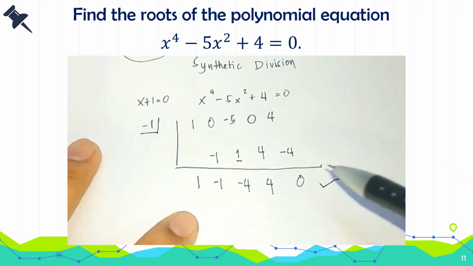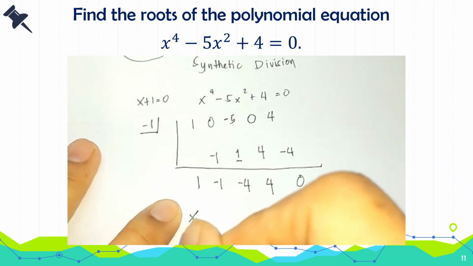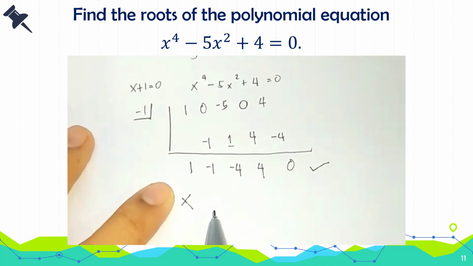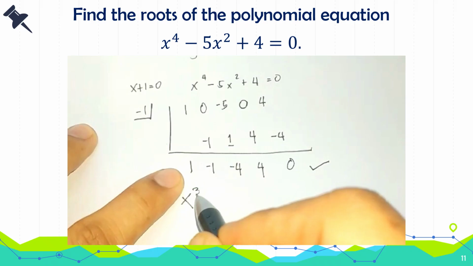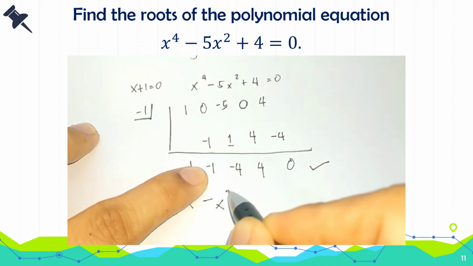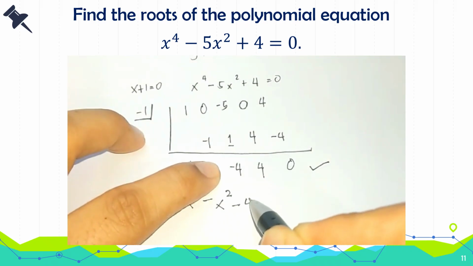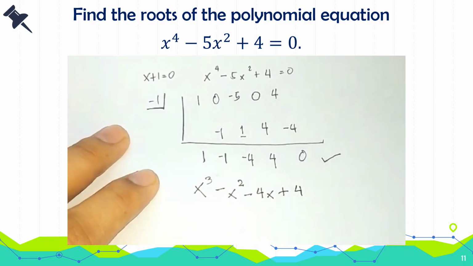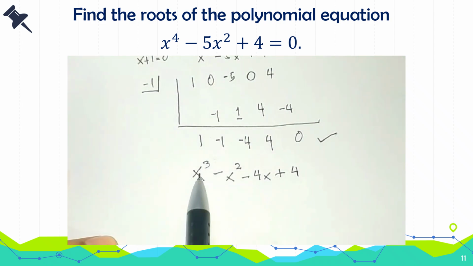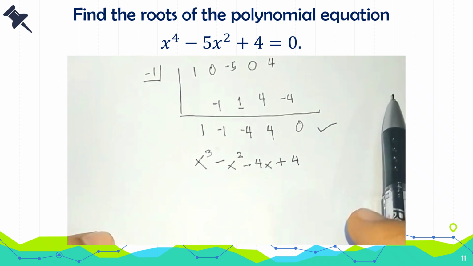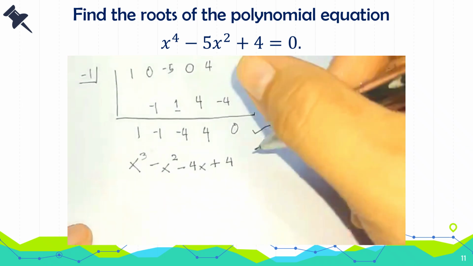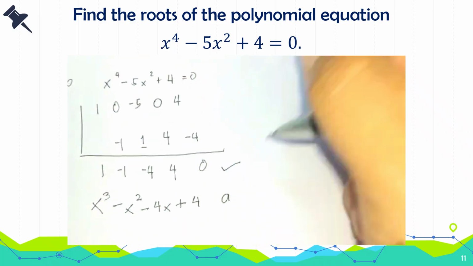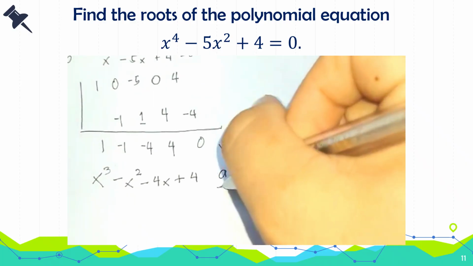Now, let's rewrite the equation. So, we started with x with exponent of 4. So, the answer will be x with exponent of 3, x raised to 2, negative 4x, constant 4. Since we still have 4 terms here, again, we will go back to step 1, identify our a sub 0 and our a sub n.